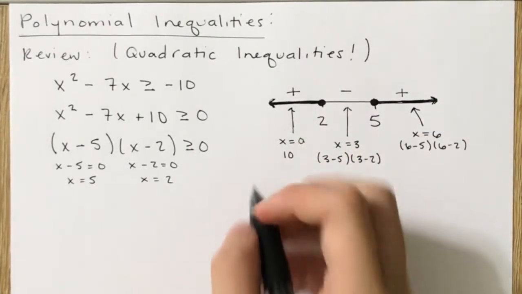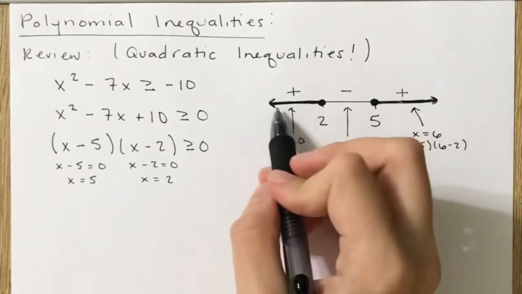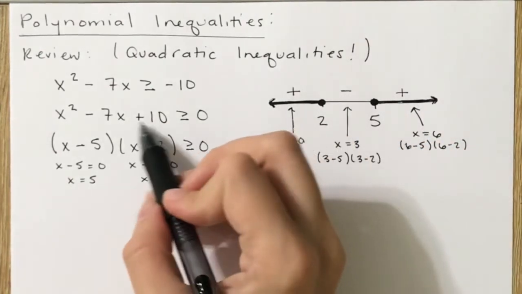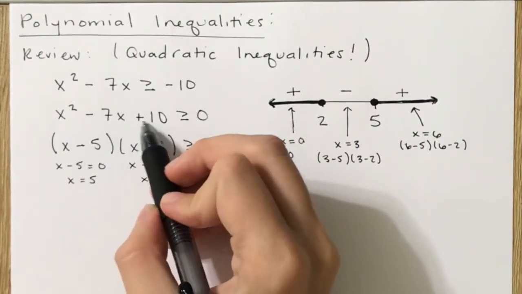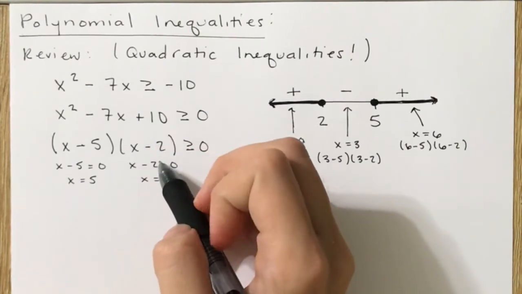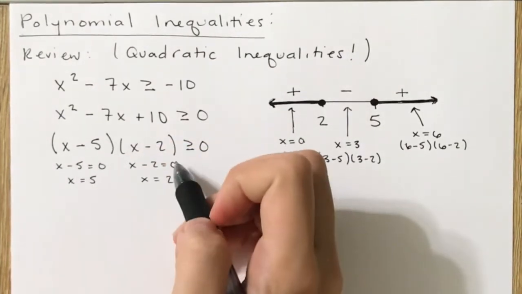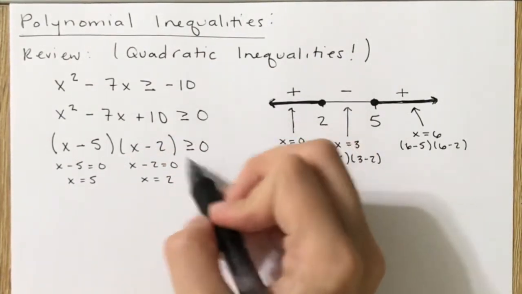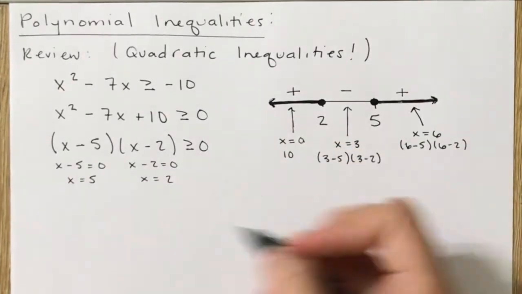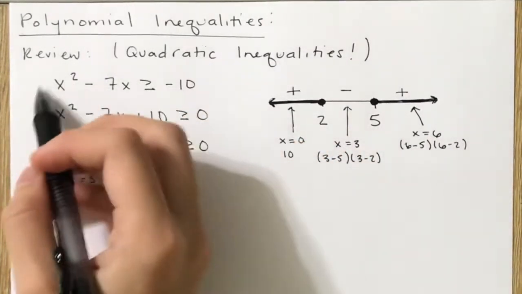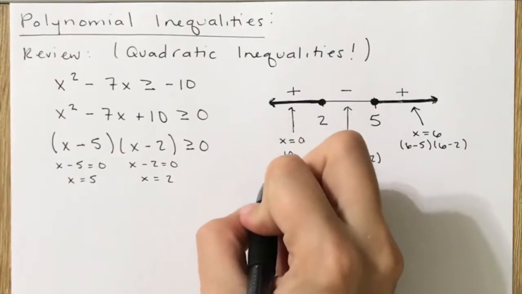That's those two. So now we have shaded all of the x values where this function, right, x squared minus 7x plus 10, also known as x minus 5 times x minus 2, is greater than or equal to 0. So those are all of the x values that satisfy this inequality, and that's our answer.